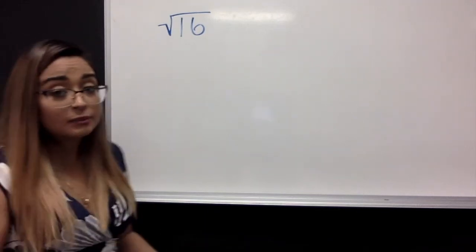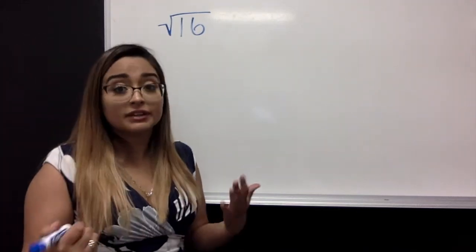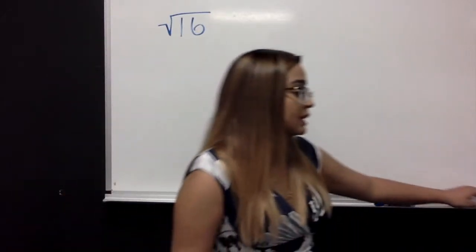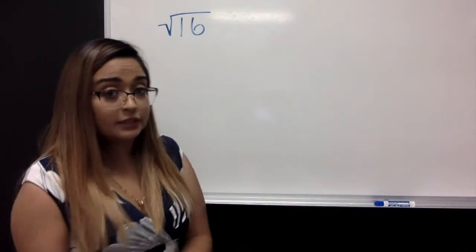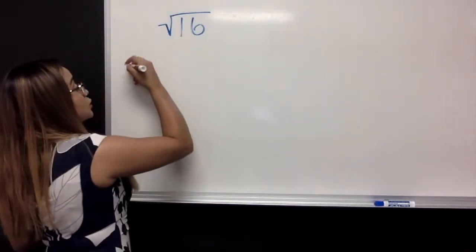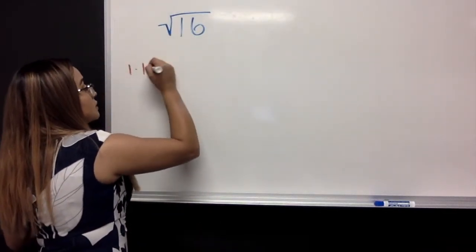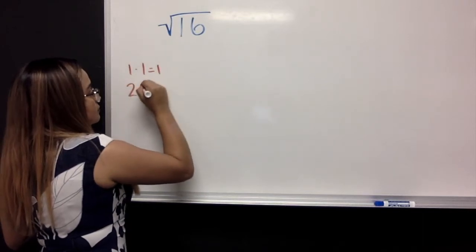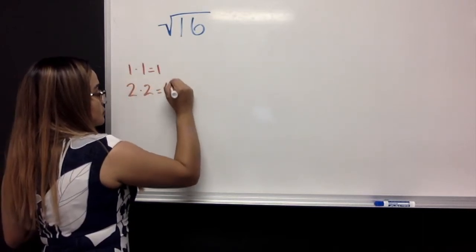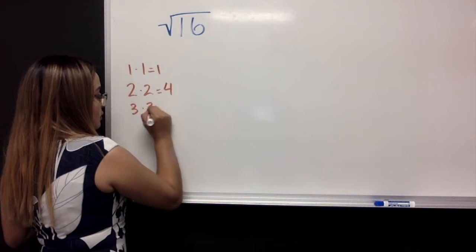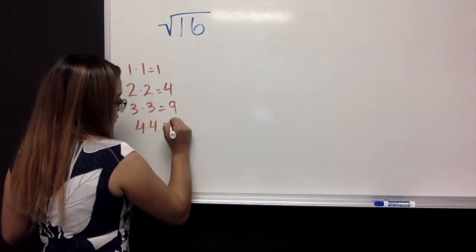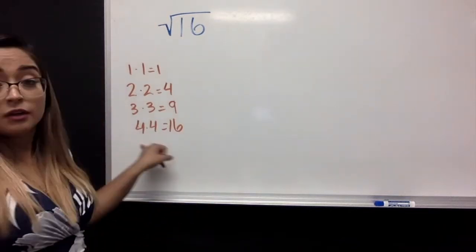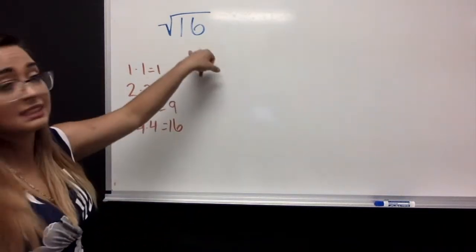If you're good at multiplication, then this should come very easily to you. But like I said before, we can do it a simpler way too, by going through the numbers this way. Four times 4 equals 16.